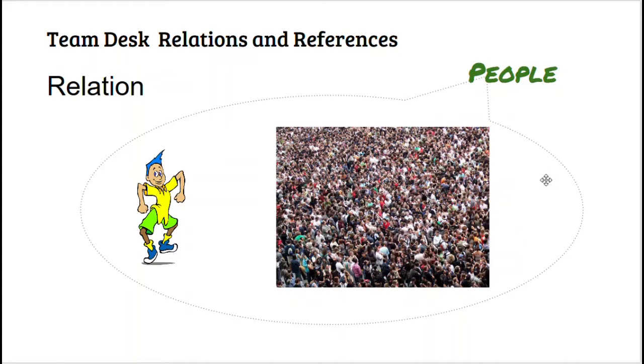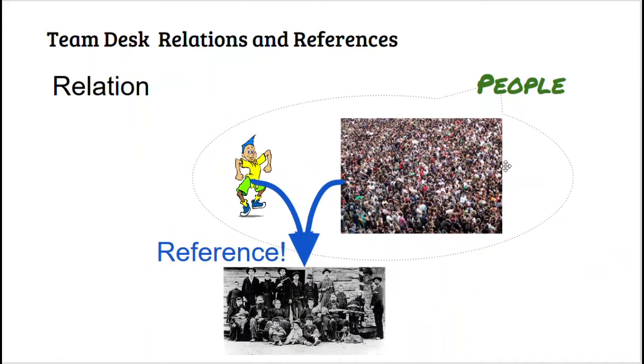Okay, so if we go down a step and make a reference right here, the reference is my family. Once we have this reference, we know a little bit more about things, and we can know about me. We can know with a reference to my family that I probably like shooting and spitting and watching black and white TV.